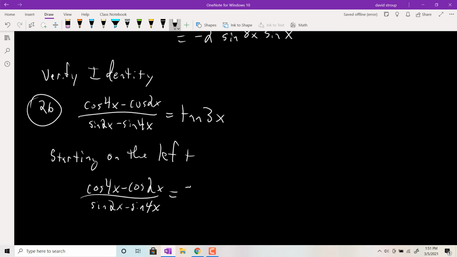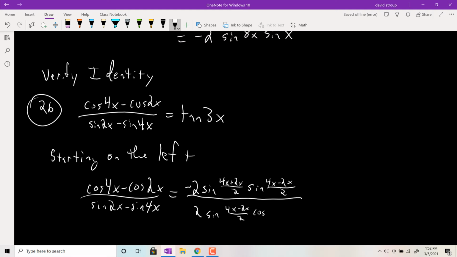Okay, so that will be -2 sine of (alpha plus beta), so (4x plus 2x) all over 2, and then times sine of (alpha minus beta) over 2, so (4x minus 2x) over 2. Okay. And the denominator, I have sine minus sine, so that's going to be formula 2, and that'll give us 2 sine of (alpha minus beta) over 2, and then times cosine of (alpha plus beta) over 2.